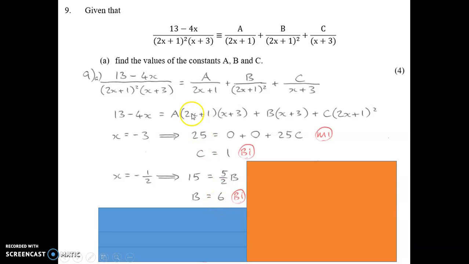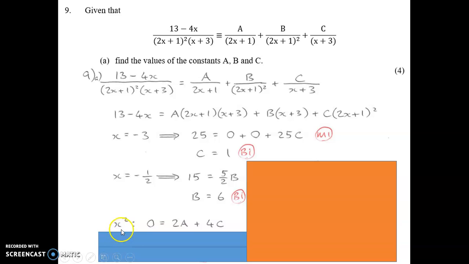To find a, it's a little bit trickier, but I can do it by thinking about the coefficients of x squared, because if I expand this, I will get 2ax squared. So I'm going to look at my coefficients of x squared on this side, then I end up with 0 x squareds, so my coefficient is 0. As I just said, this expression would give us 2a x squared, so coefficient of 2a.